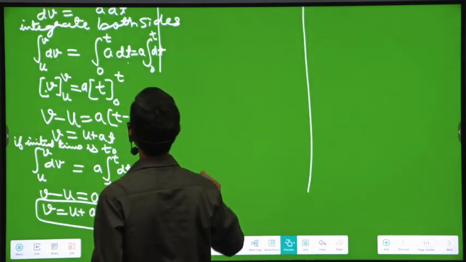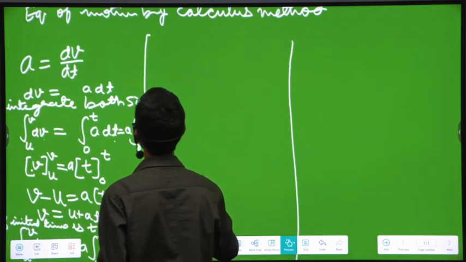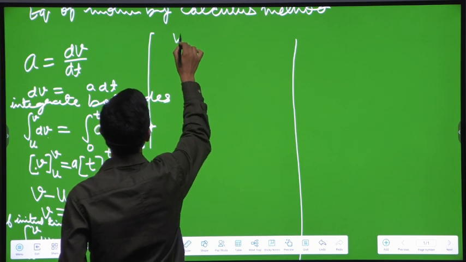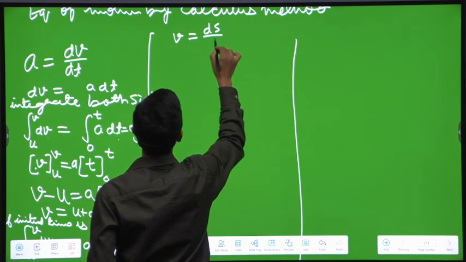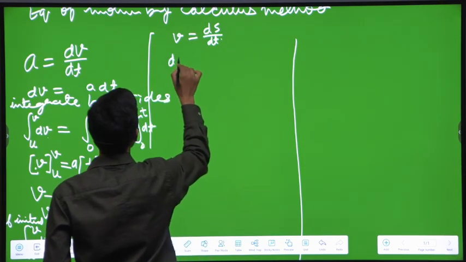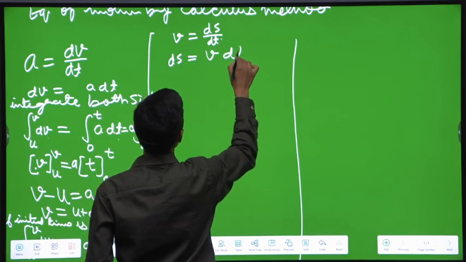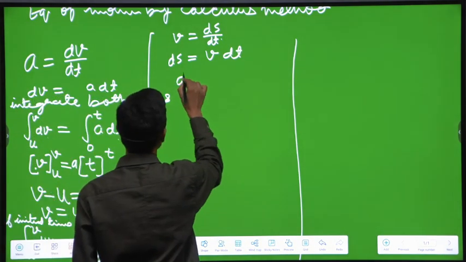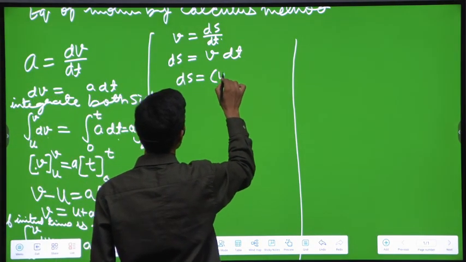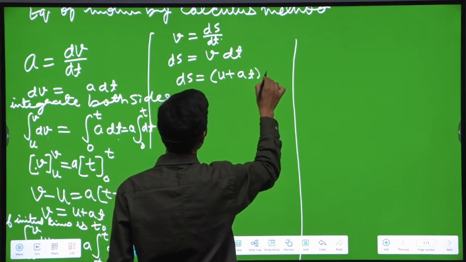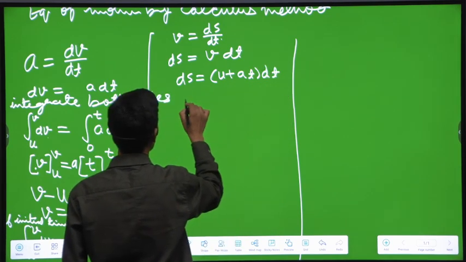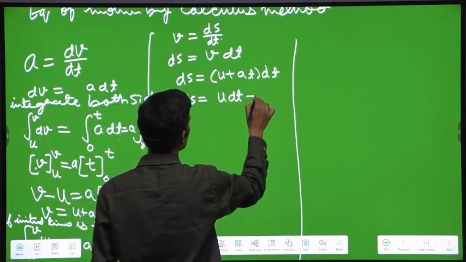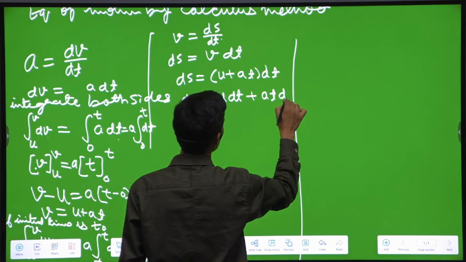So moving on, second equation. For the second equation, we need this expression, v equal to ds by dt. So ds is equal to v dt, and in the place of v we will put u plus at, then dt, and then it will become ds equal to u dt plus at dt.